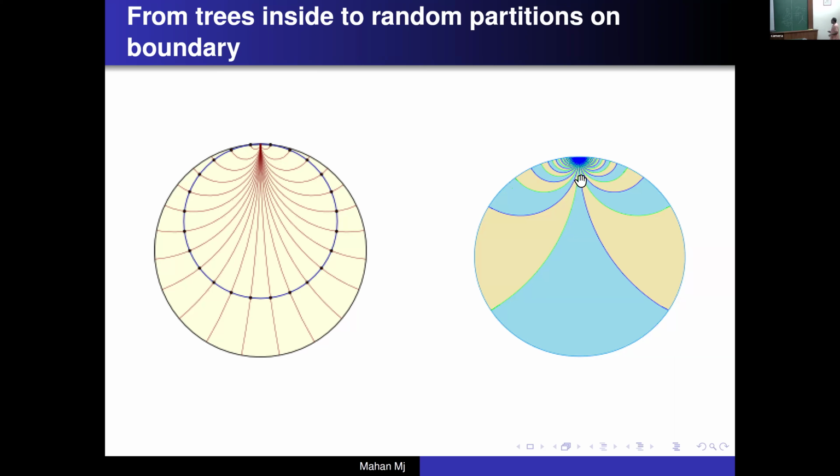Okay, but in the discrete setup, now you just have these discretely many points. So what has happened is that now that you have trees, from each of these points, the backward trees are now going to bifurcate. Yeah? So the forward trees from those guys are going to coalesce somewhere. From each of those points, you can take stuff backwards, and now you're going to hit different patches on the boundary, right?